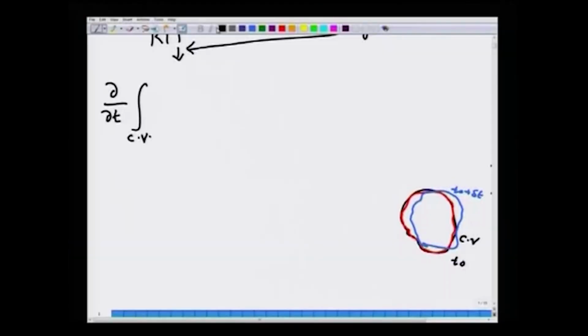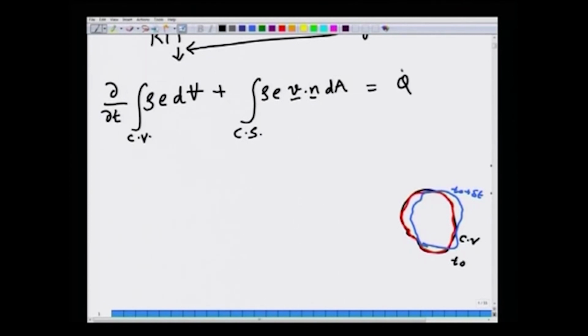The rate of change that we are talking about is that at that particular instant t naught, what is the rate of change of energy of the system, and that is given by the Reynolds transport theorem in terms of variables pertaining to the control volume as follows: d/dt of integral rho e dV plus integral over the control surface rho e v dot n dA is equal to Q dot minus W dot.